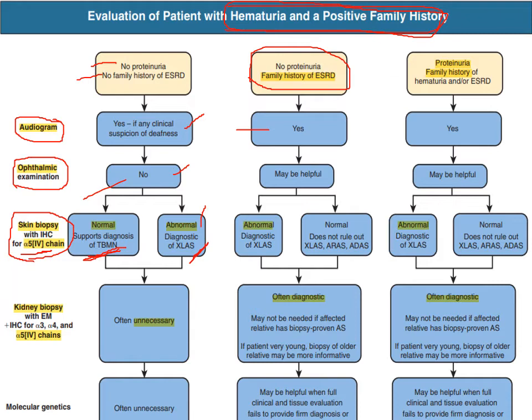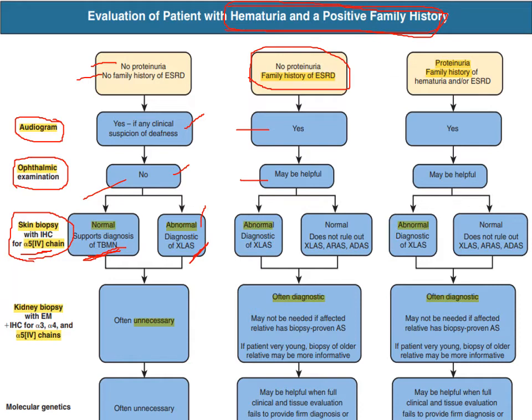We said that in the audiogram we find sensory deafness. Usually it becomes evident by the second decade of life, so in very early years, it might be normal. Also, we should ask for slit lamp examination and ophthalmic examination. If there is abnormality, it will support the diagnosis of Alport.